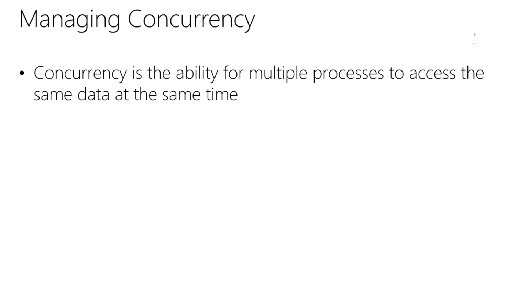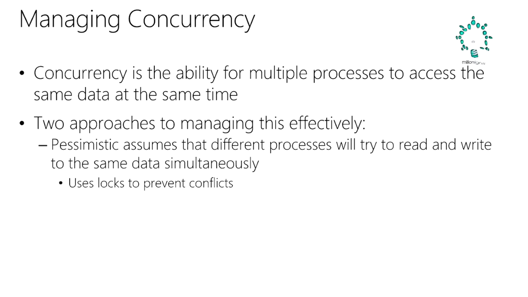So exactly. Managing concurrency is the ability for multiple processes to access the same data at the same time. So we're talking about lots of users interacting with the same data at the same time. That's what we call concurrency. And there are really two approaches to managing this effectively. So pessimistic is the first approach.